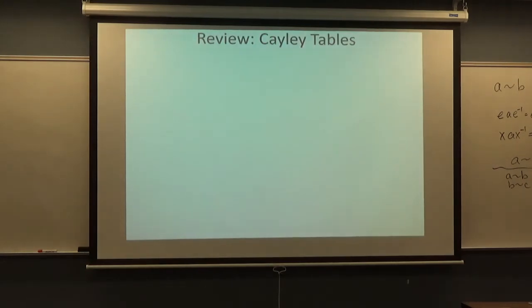Let's do a brief review of Cayley tables and remind you of a concept. Then we're going to go on to a few more new things here. We did the Cayley table for Z4 and Z5 by hand. Here's the Cayley table for Z6.